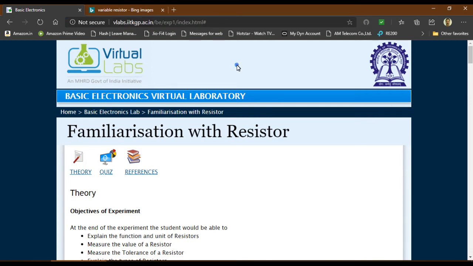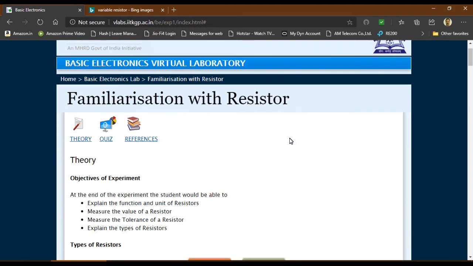After clicking enter, you will get this website, where they explain how to become familiar with resistors. Under this experiment, you will get three main tabs where theory is explained, some quizzes are presented, and the reference book links.